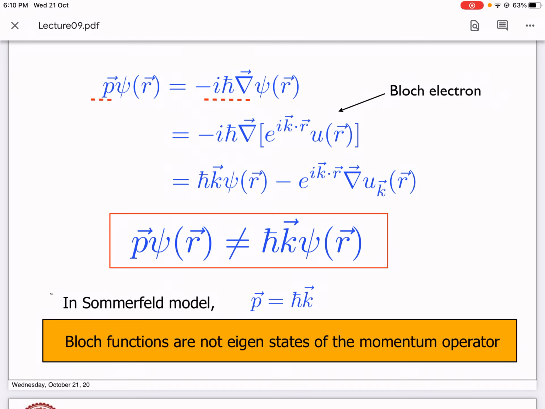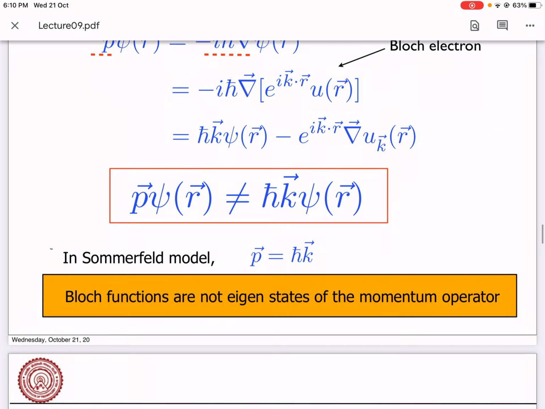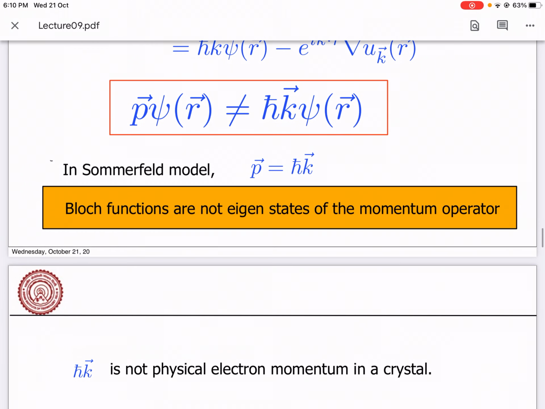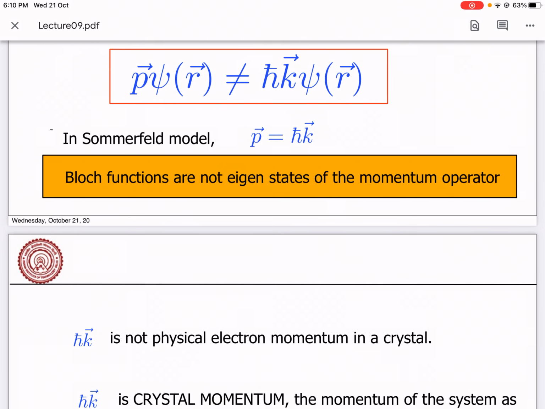So what it means is that h-cross k is not the physical electron momentum in a crystal. For free electron theory, yes, we have considered h-cross k as the electron momentum.